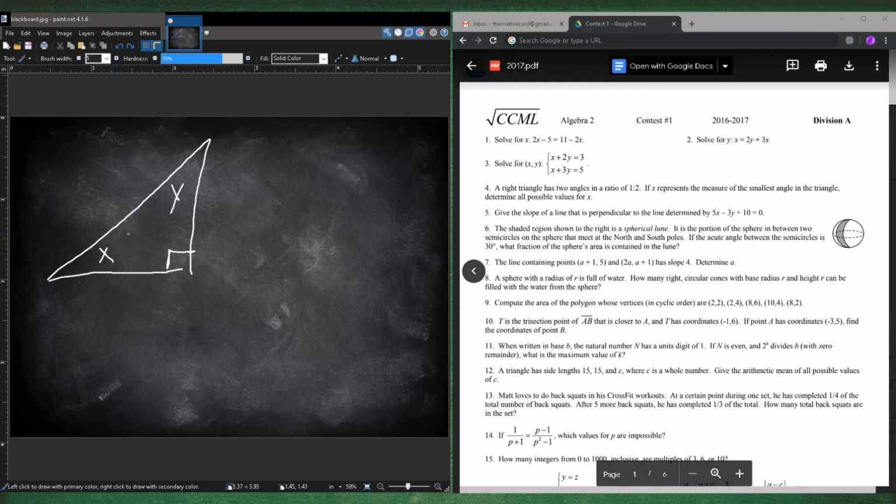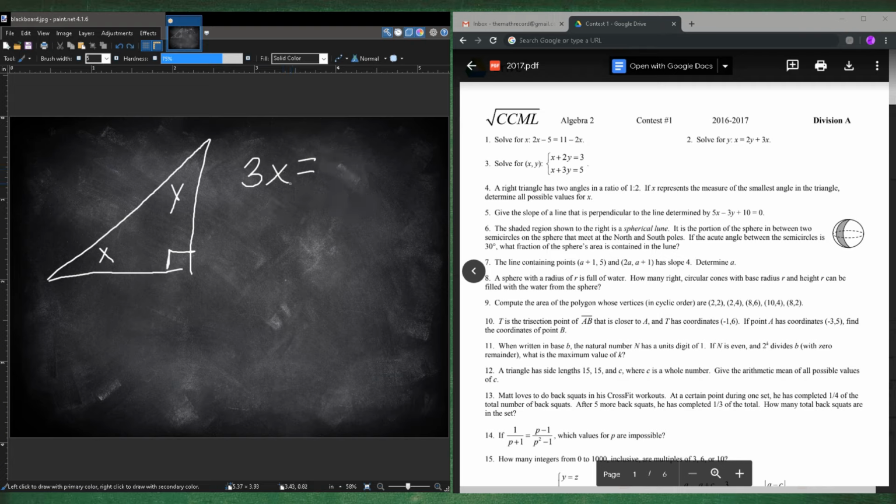So for it to be a triangle, either it's going to be ratio 1 to 2 here, or vice versa, 2 to 1. So technically, we have 3x to get 90 degrees. So let's say x plus y is equal to 90 degrees, so you have 3x, so x is equal to 30. I'm not saying x is this angle, I'm saying x is the variable here.